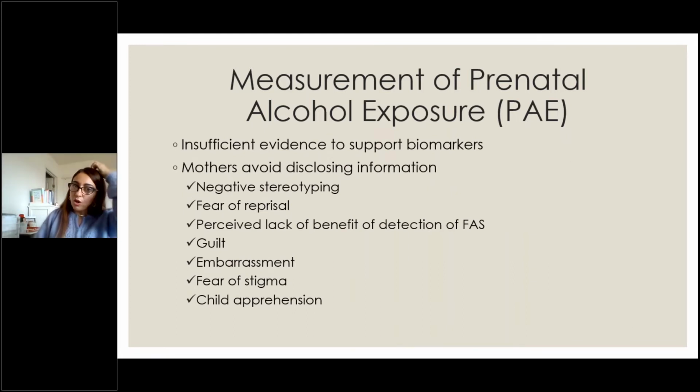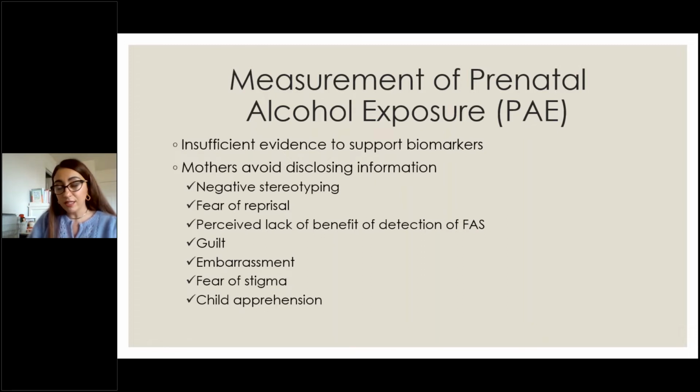I also wanted to talk a little bit more about some of the reasons that mothers would not want to share information regarding alcohol exposure. That's why we sometimes have difficulty with this part of the diagnostic criteria, and I'm sure some of you will have questions around that.